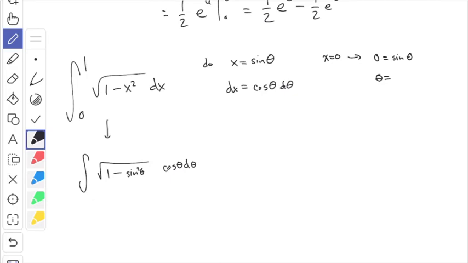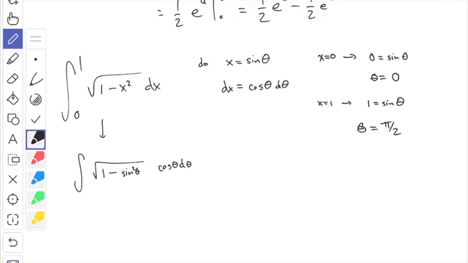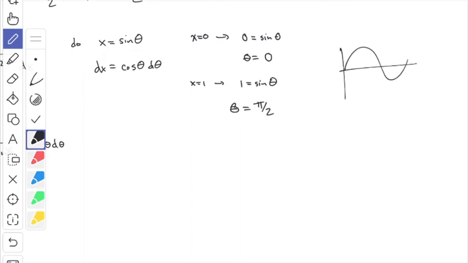I'm going to use theta equals 0. And then what about the other one? x equals 1. So this would mean that 1 equals sine theta. What's the theta you need to make the sine equal 1? Pi over 2, yeah. I hope you remember your values for sine and cosine. The graph of sine is like this, where this is pi, this is 2 pi, this is pi over 2.